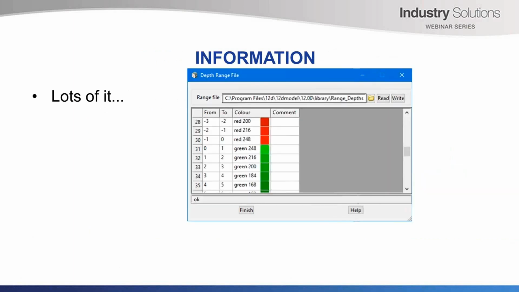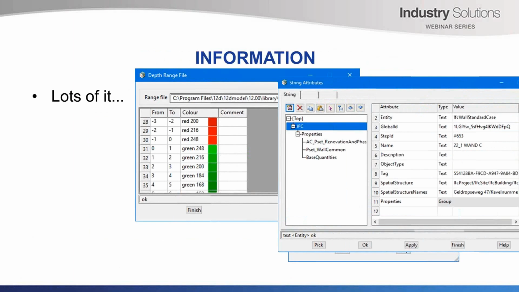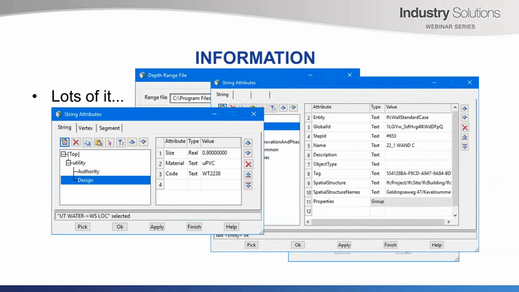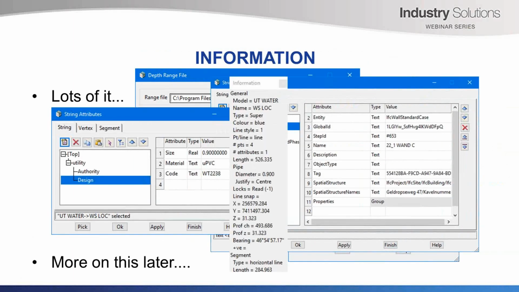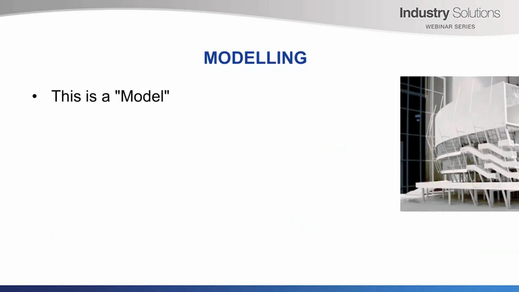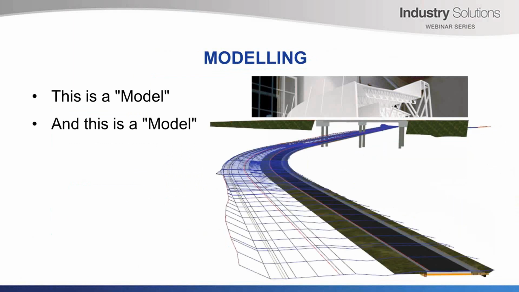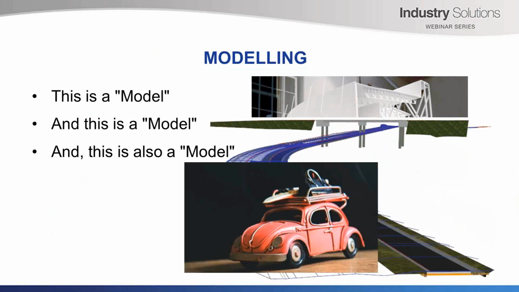We can do range files and we can inquire, we got attributes and more attributes and properties and so on and so on. We'll come back to that later. The modeling. So this is a model, and this is a model, and this is also a model. So the word modeling is a little bit vague and can mean anything.